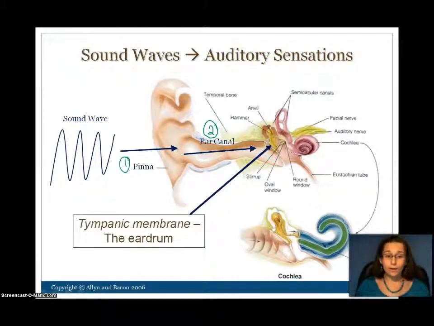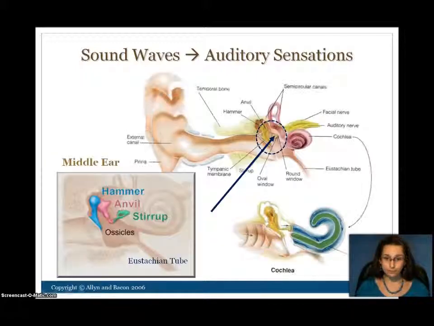So our eardrum is also known as the tympanic membrane, and outside of the tympanic membrane, we literally just have air waves moving. And when those air waves, which include the information for sound based on the amplitude, the complexity, the wavelengths that we have, hit the tympanic membrane, it creates a vibration.